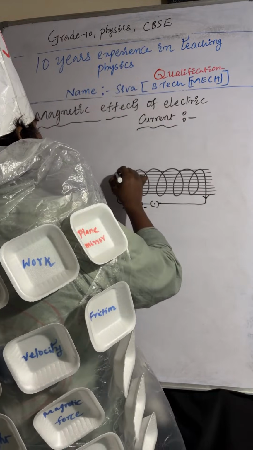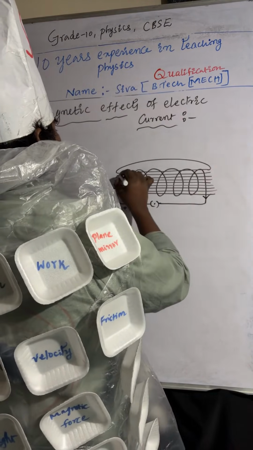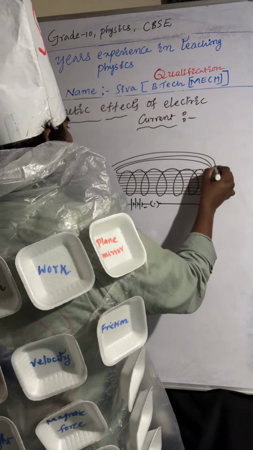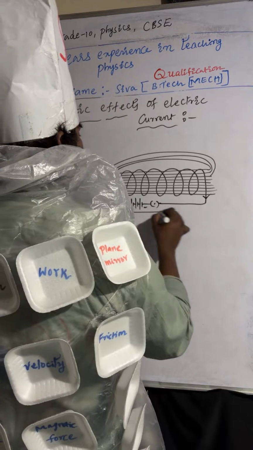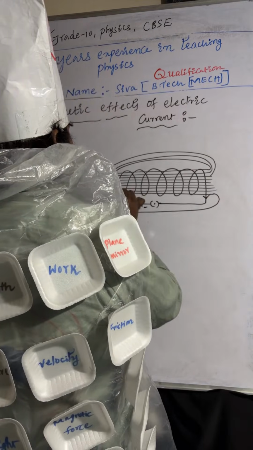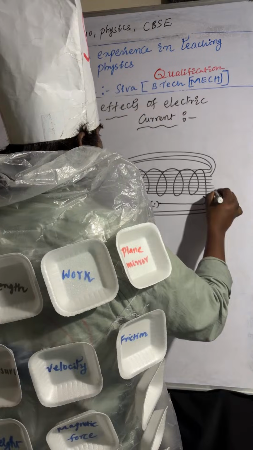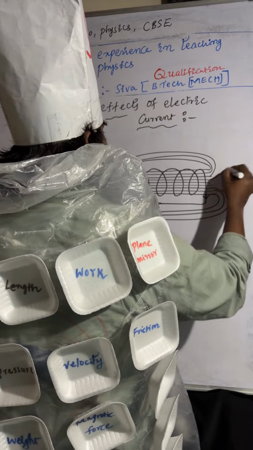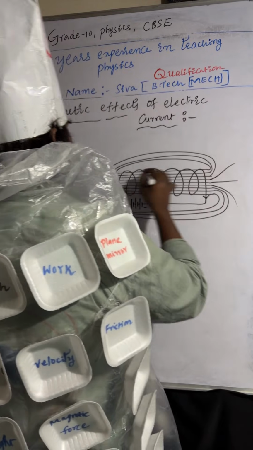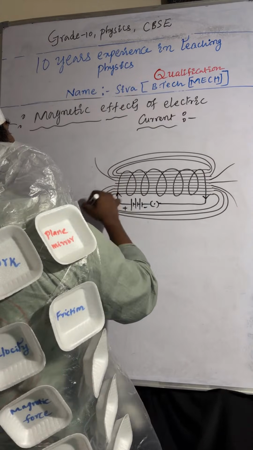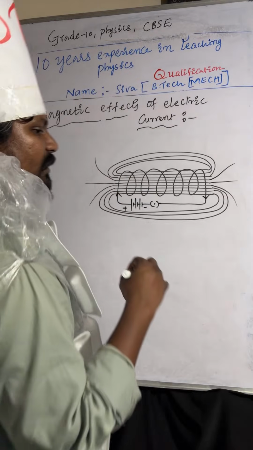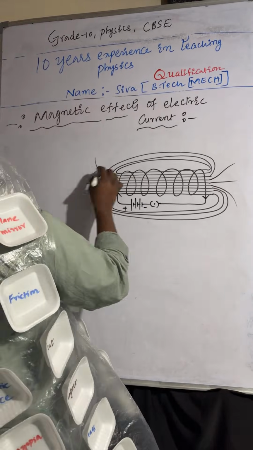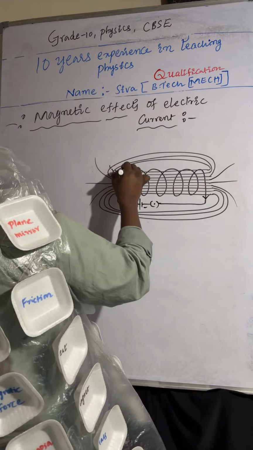It will be connected: 1, next one 2, next one 3, then again 1, 2, 3. Understood? Current is passing to the point, and at the same time the magnetic field should also reach this point.